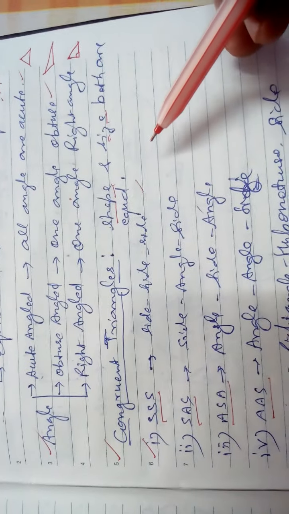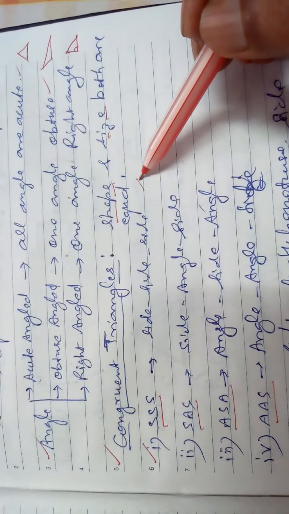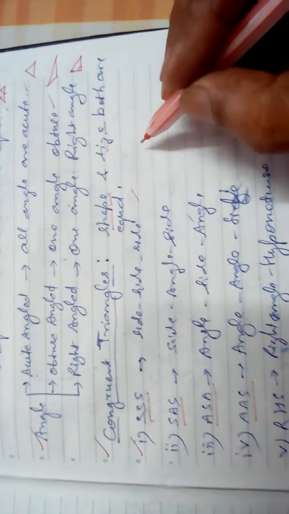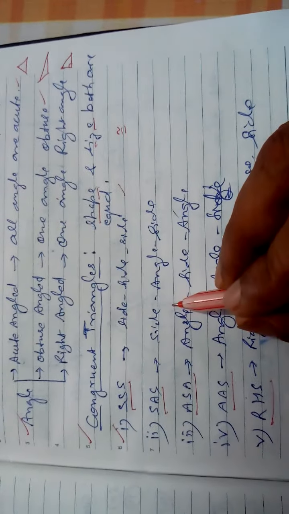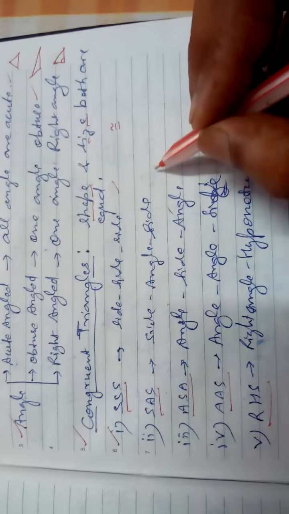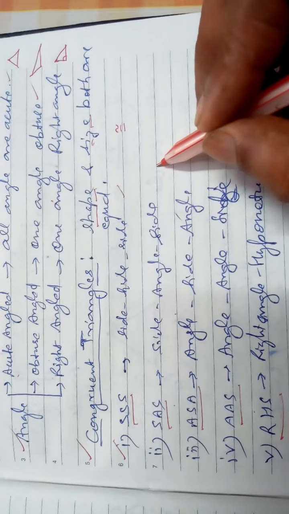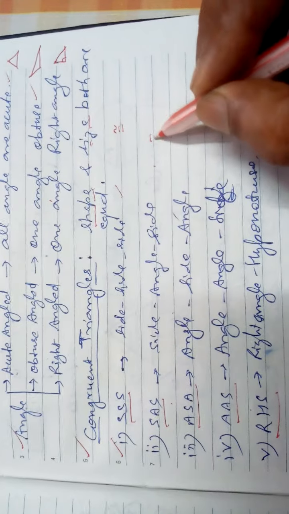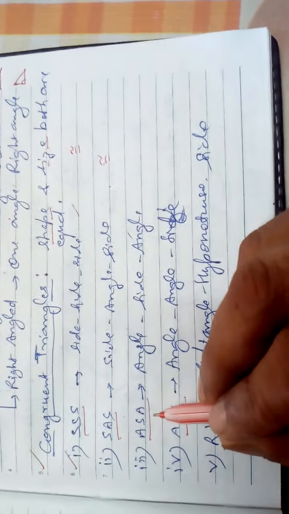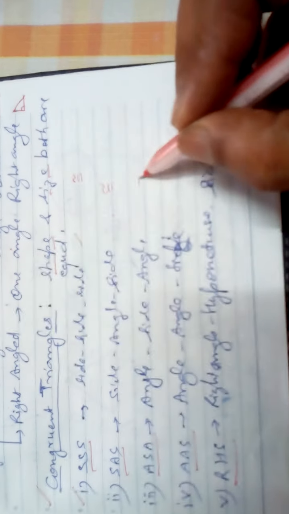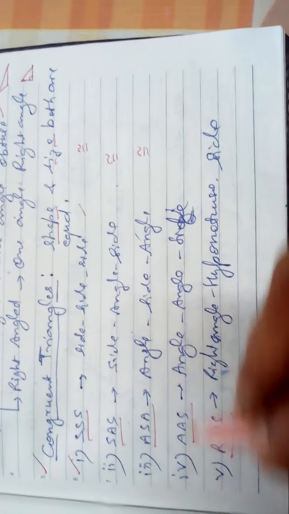SSS: when all the sides of one triangle are equal to the corresponding sides of the other, they are congruent by SSS. SAS: two sides and the included angle of one equal to two sides and the included angle of the other, then they are congruent. ASA: two angles and the included side of one equal to two angles and the included side of the other are also congruent.